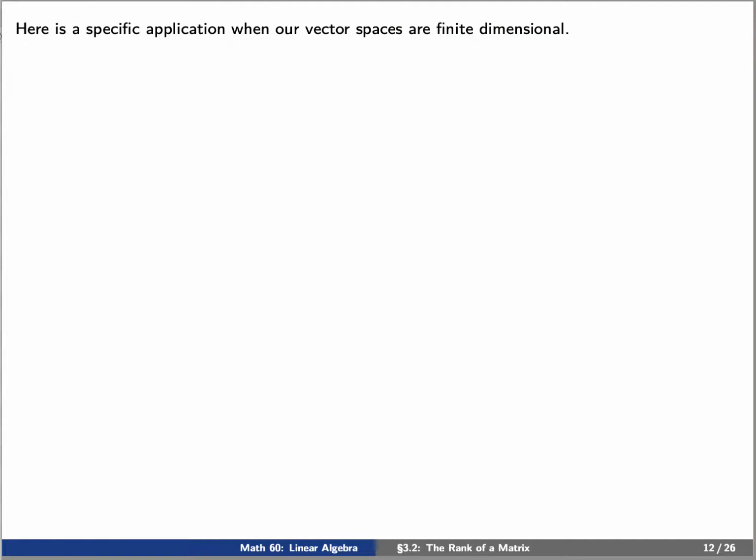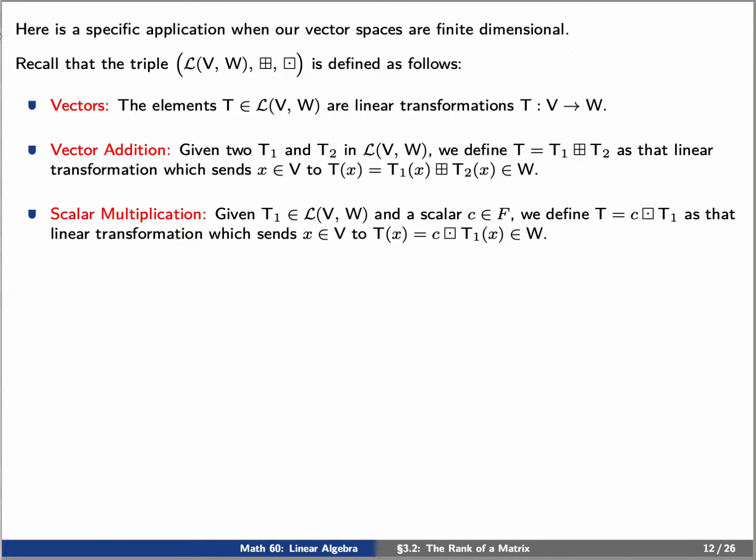Let's review a very specific application when our vector spaces V and W are finite dimensional. Recall that script L of V, W is a vector space. It's defined as follows.